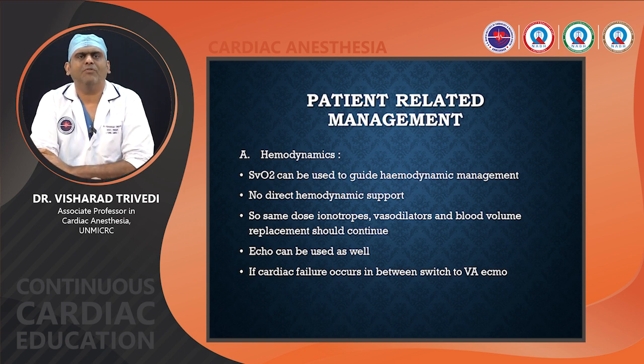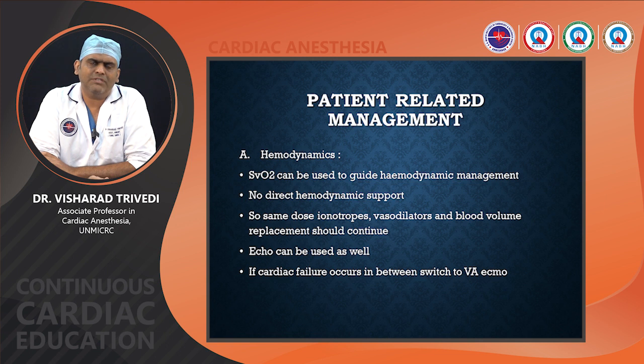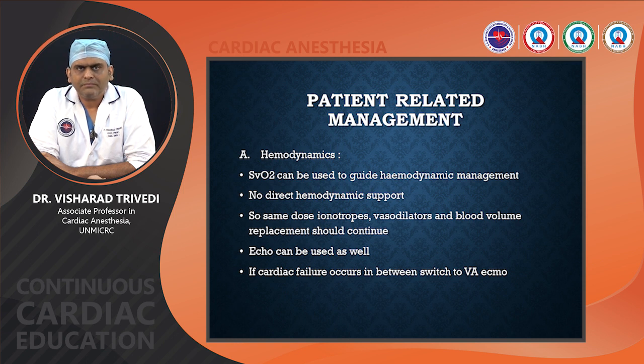Veno Venous ECMO is purely a respiratory support, so the same dose of inotropes, vasodilators as well as blood volume replacement should be continued. If while the patient is on Veno Venous ECMO the patient develops cardiac failure or right ventricular failure because of lung disease, then you have to switch Veno Venous ECMO into Veno arterial ECMO.